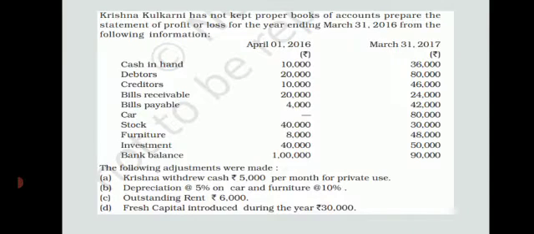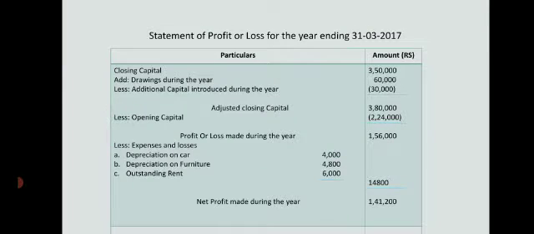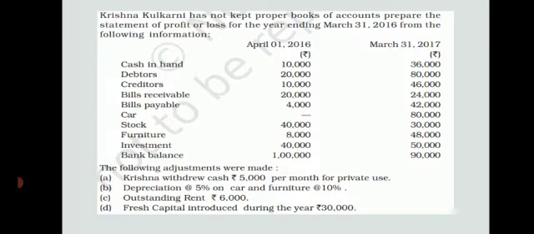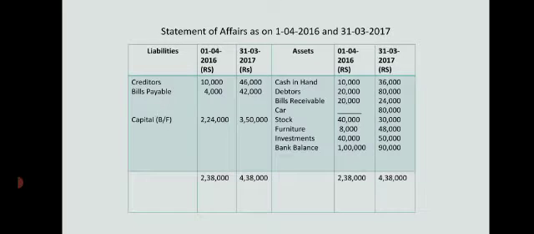Whatever information is mentioned in the problem, we take the same information and just classify it. If it is an asset, we record it on the asset side. If it's a liability, we record it on the liability side. So cash in hand, as I already said, is 10,000 and 36,000, and I have recorded it on the asset side.